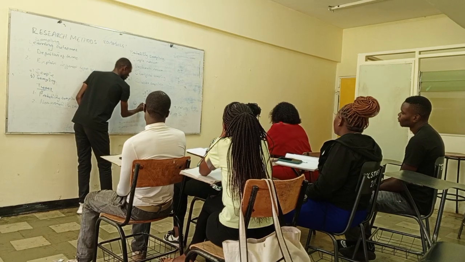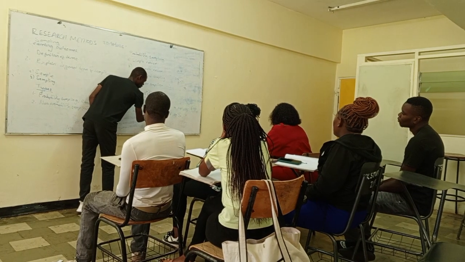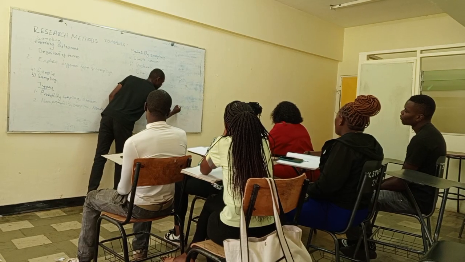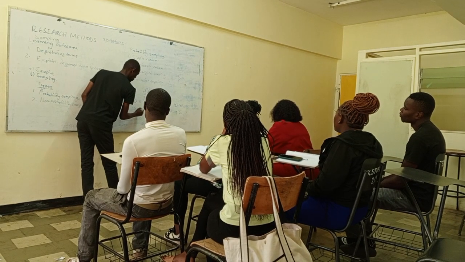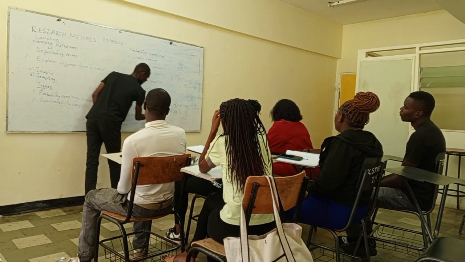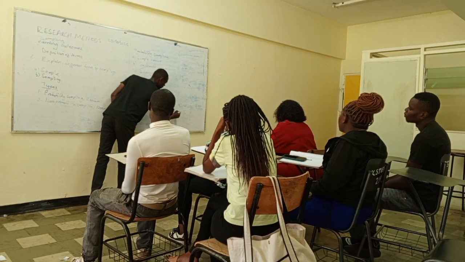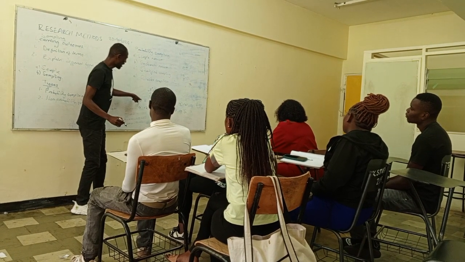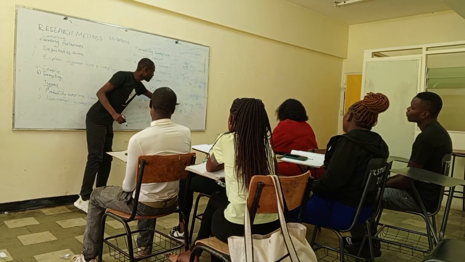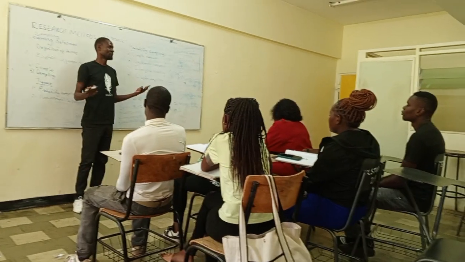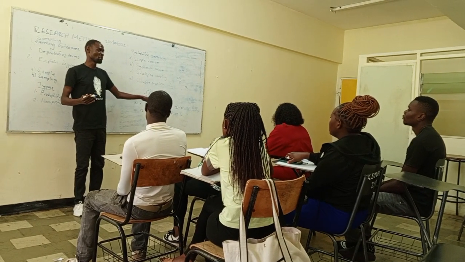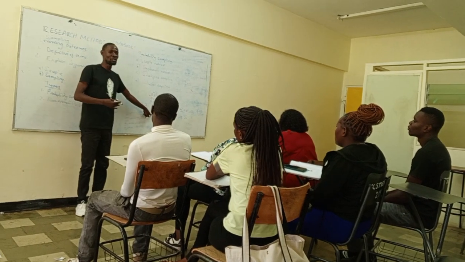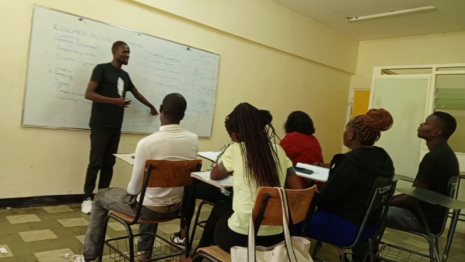So we count 1, 2, 3, 4, and the fourth one is picked, and again 1, 2, 3, 4, and so on. How many people do we have? We wanted 5. So you see the system that we have used, but it is random. We didn't know that number 13 was going to be in the sample.